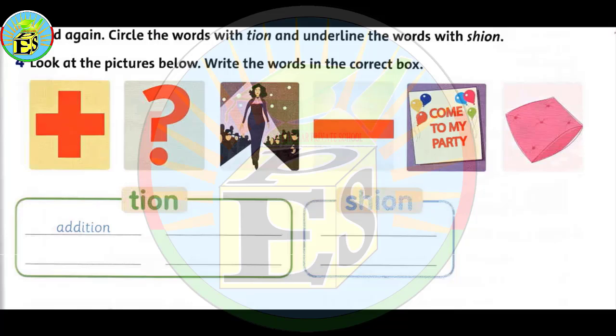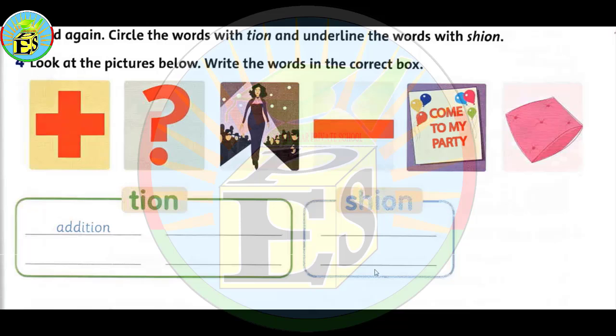The last activity that we have on this page, which is 105, is task number 4. What you need to do here is to look at the pictures. We have six pictures, and what we need to do is to write these words in the correct boxes.